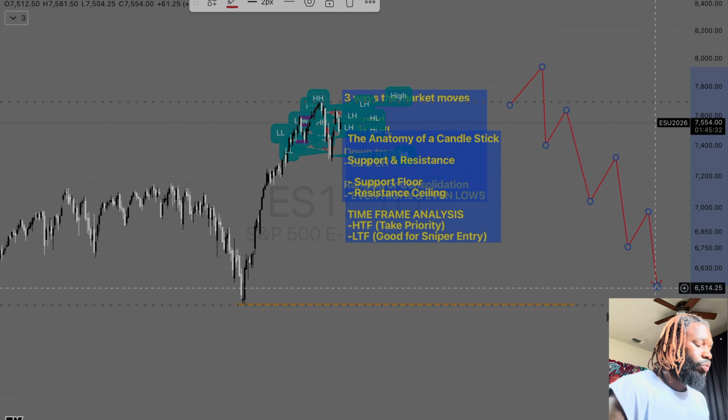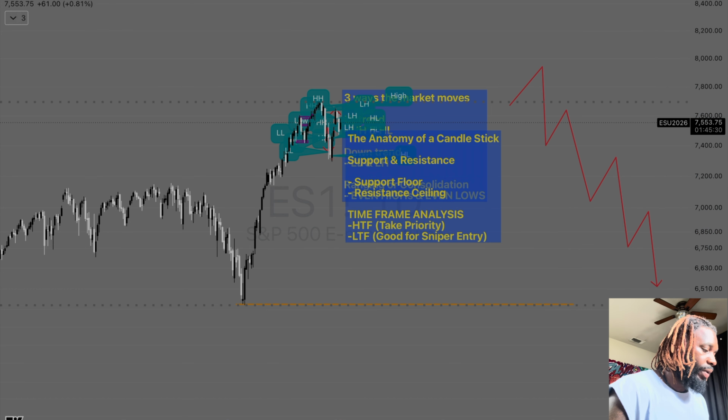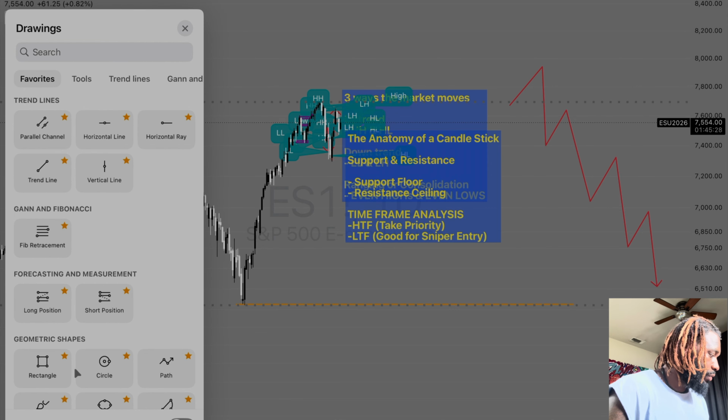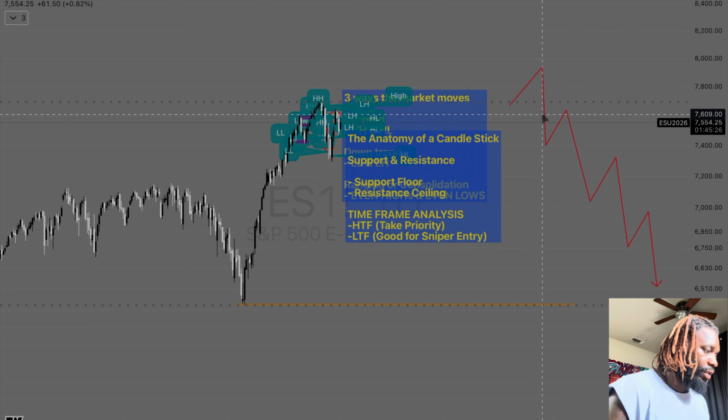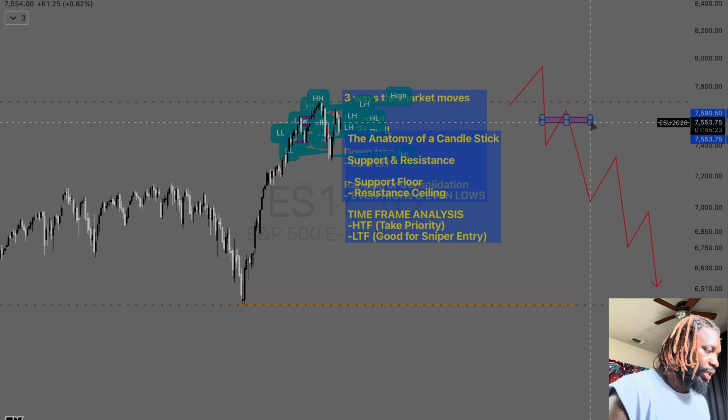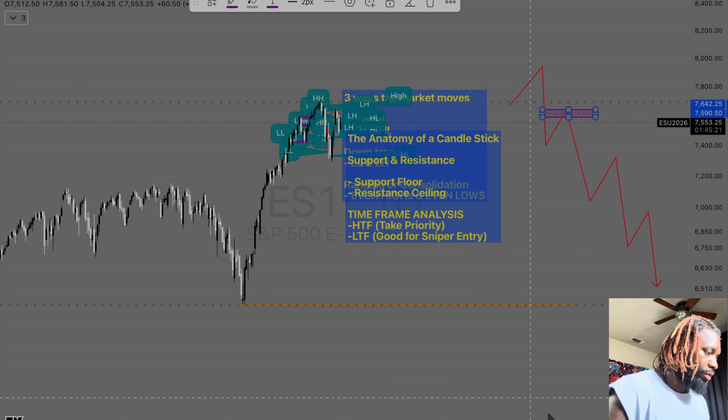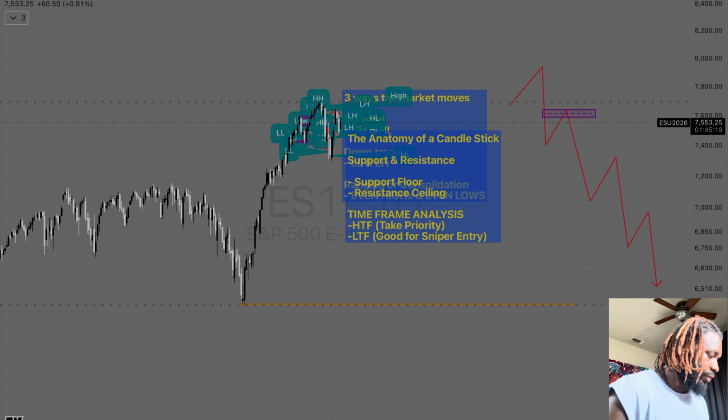And so where are the pullbacks? I'll mark out the pullbacks for you if you don't know already. The pullbacks are going to be in these areas, right? Those are the places you want to get in. These are the places you want to be in that trade.